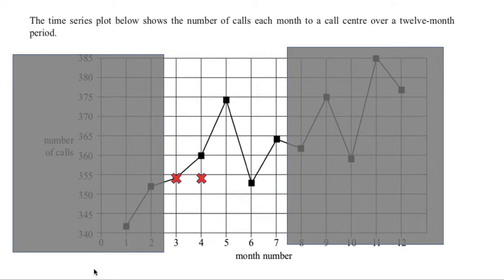Okay, we keep moving. Next group of 5, we've got points above month 3, month 4, month 5, month 6, month 7. Month 6 looks like it has the lowest data point. Month 3 has the next lowest data point. Month 4, this point here looks like it's the third highest because then month 7 is higher, month 5 is higher. So here's our median y value, and we're going to plot that value above month number 5.